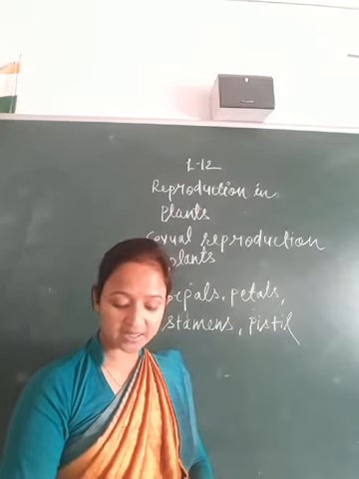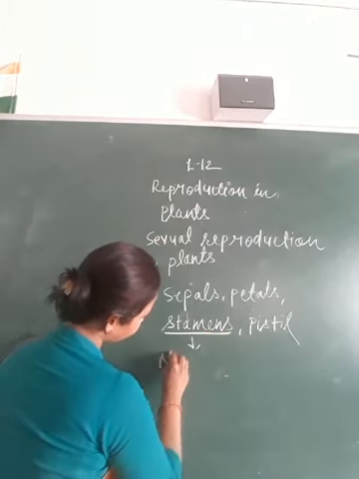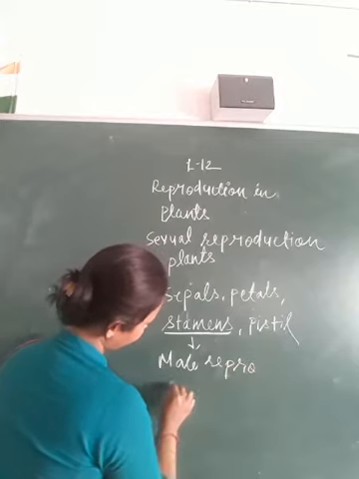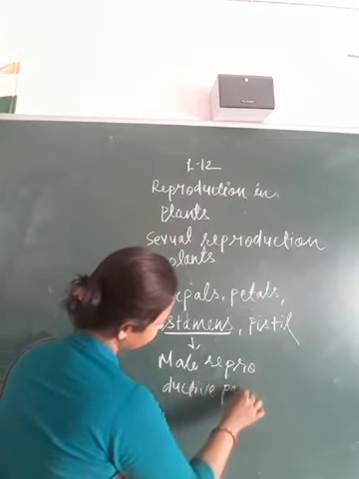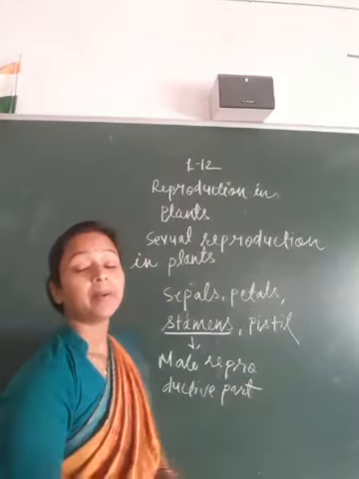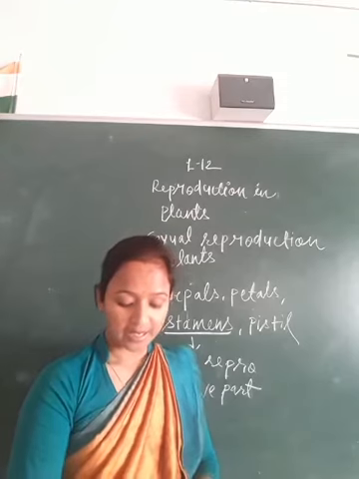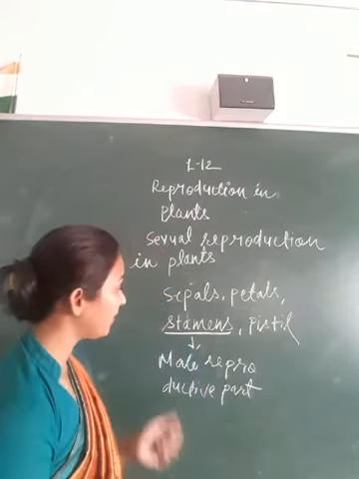The stamen is the male reproductive part, while the pistil or carpel is the female part.